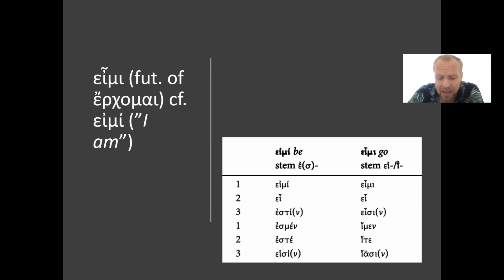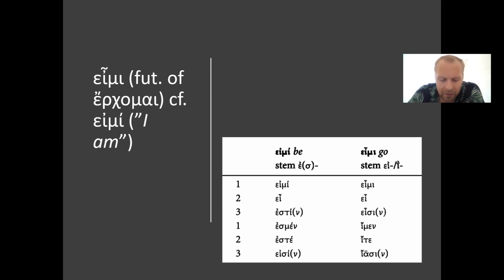And actually the stem or stems from which the verbs are formed are different as well, since eimi, in the sense of I am, has the original stem s, while eimi, in the sense of I go, has the variant stems e and i.